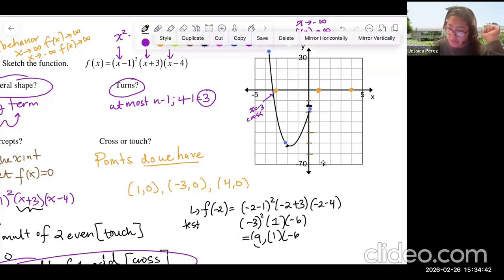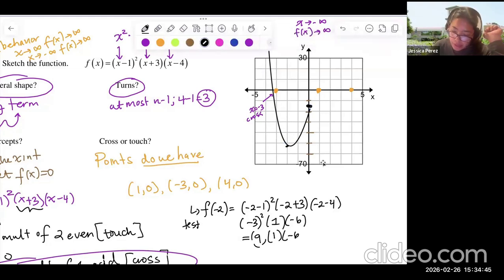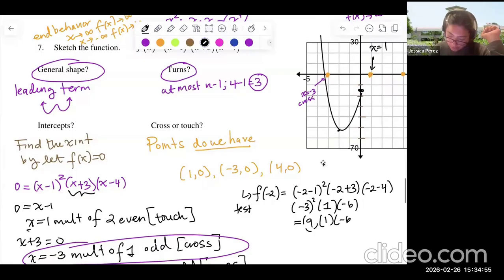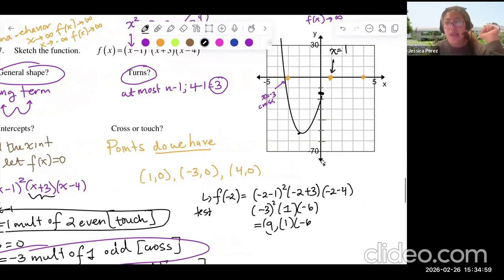And then what else would happen? Well, what happened at x equal 1? Will it cross or will it touch? Well, let's go back. At 1, it will only touch. So you're just going to touch it. And then what other point do we want between x equal 1 and x equal 4?